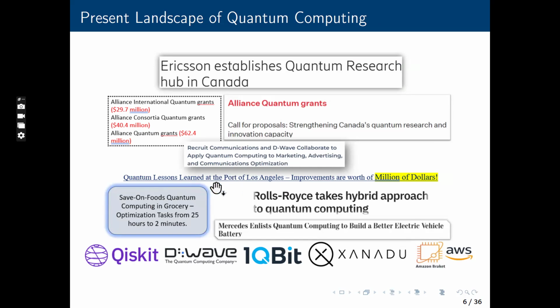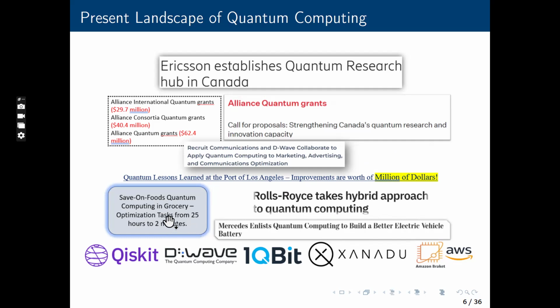Quantum optimization technique was applied at the port of LA for some container optimization task that made improvements worth millions of dollars. And luxury vehicle companies such as Rolls-Royce and Mercedes are also opting in for hybrid quantum optimization techniques to build better electric vehicles.